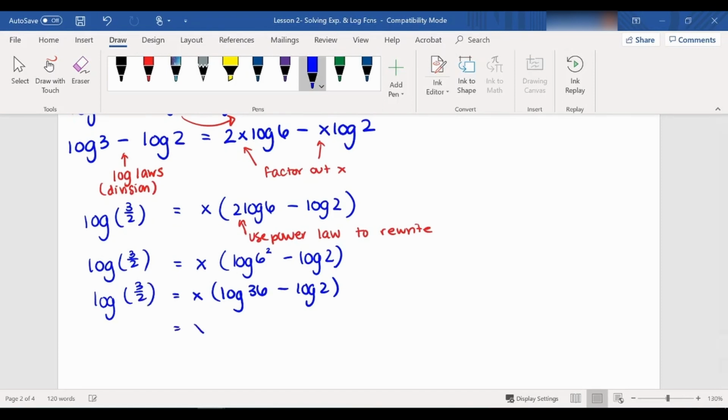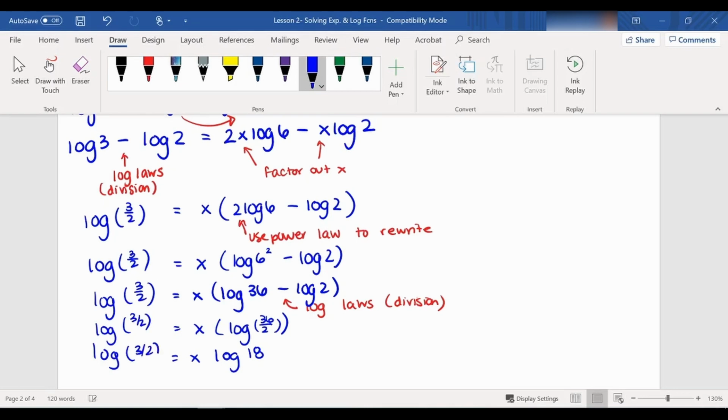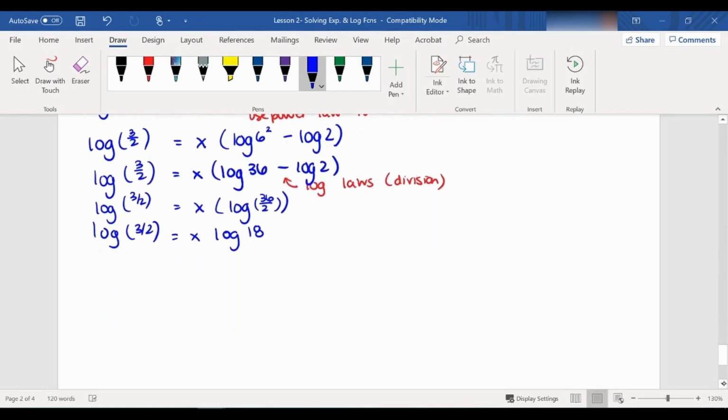Once we have that, we can use our log laws again, our division one, to simplify this further. We get log of 36 over 2, and 36 over 2 is 18. Now that we have that, we can divide both sides by log 18.